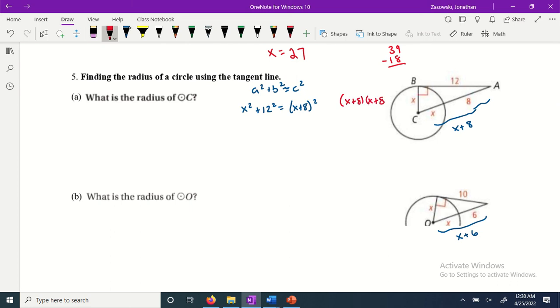Okay, so do that. Then you're going to get x squared plus 144 is equal to something. Get this equal to 0, and then see if you can factor this out. Okay, and then from here, you're going to take each of these equal to 0 and solve. And you're going to handle this the same way.